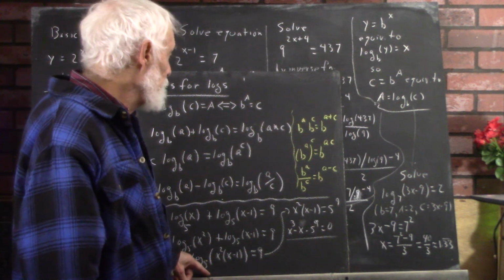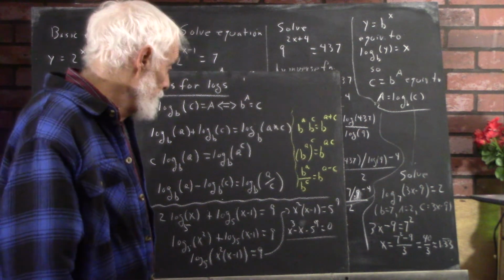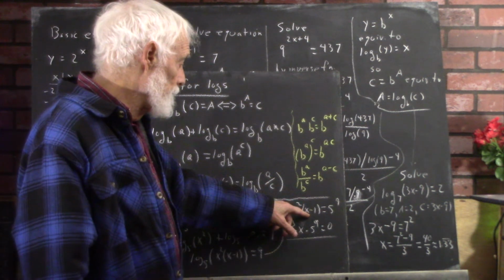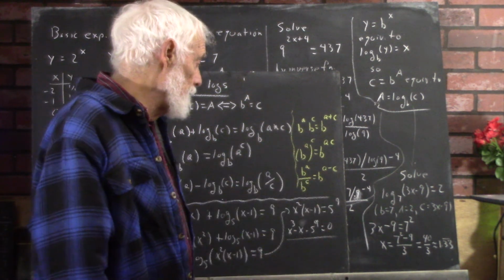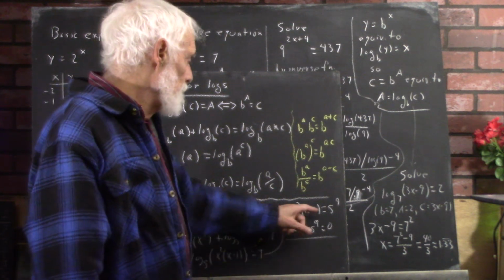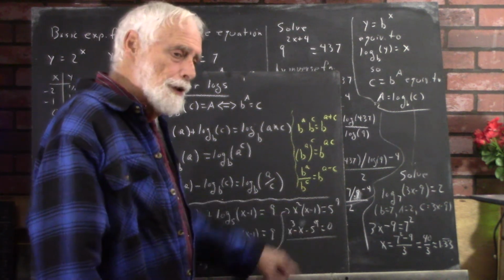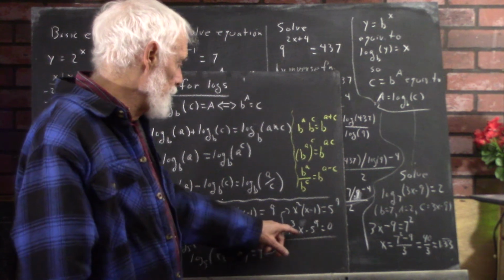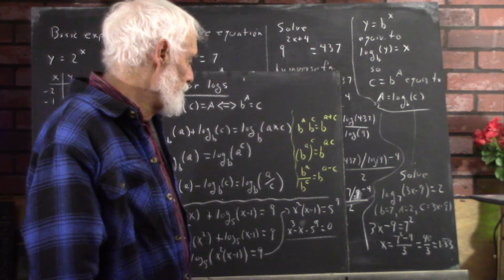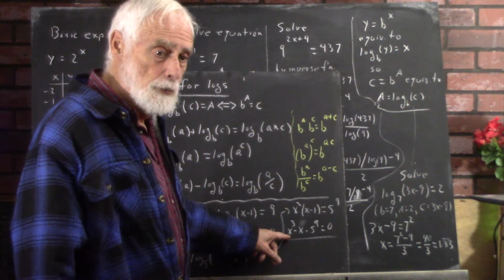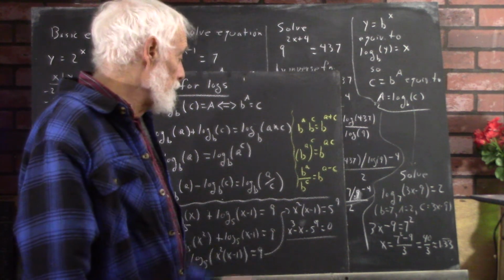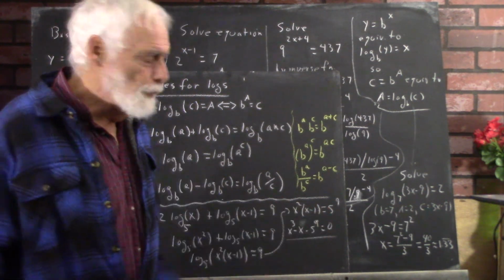If we convert this to exponential form, we have x squared times x minus 1 equals 5 raised to the 9th power. But we can multiply this out, and we can subtract the 5 to the 9th from both sides, and we get this polynomial equation. Now, it's a cubic equation, it's not quadratic, and you're going to have a hard time even guessing what the roots might be.